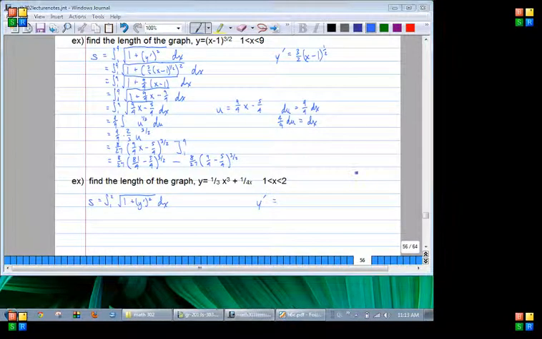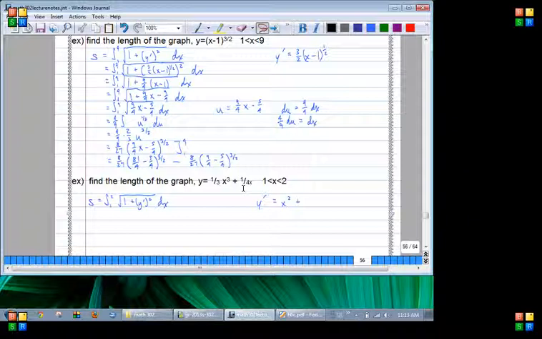x squared plus 1/4x. If it's not clear, that's 1/4x, not 1/4 x. So how do we take the derivative of that? Rewrite it, so let me fix that.